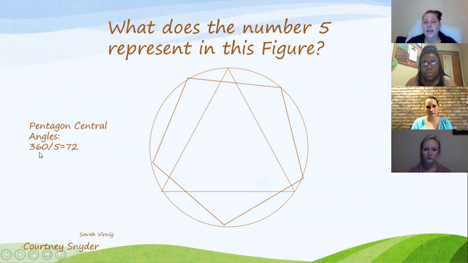So we're going to take 360, which is what we know the measurement of the interior angles or central angles of a pentagon all add up to, and we'll divide it by 5, which are the angles we want to find. And we'll see that it equals 72, and that will be the measure of each of the 5 central angles on the pentagon.